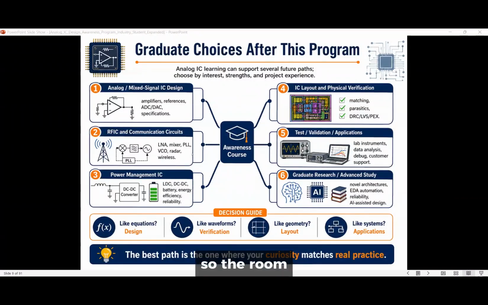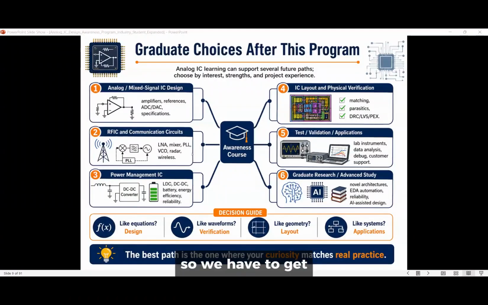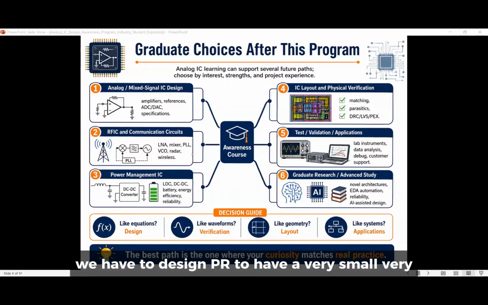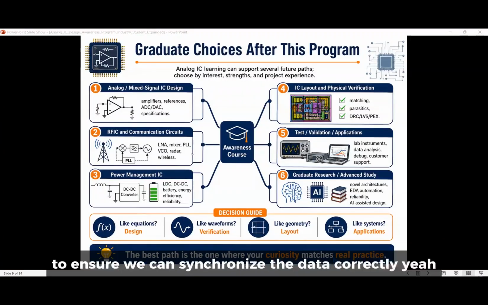So the room allowed for noise on this PLL is rather small. We have to design a PLL with a very, very small noise profile to ensure we can synchronize the data correctly.